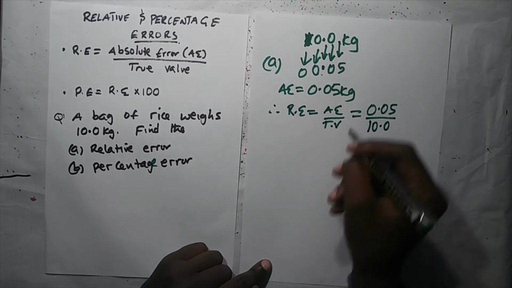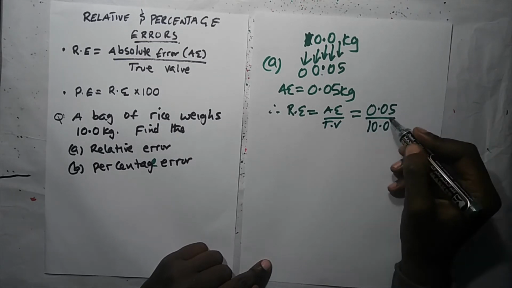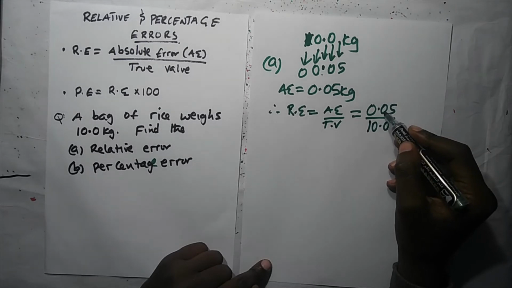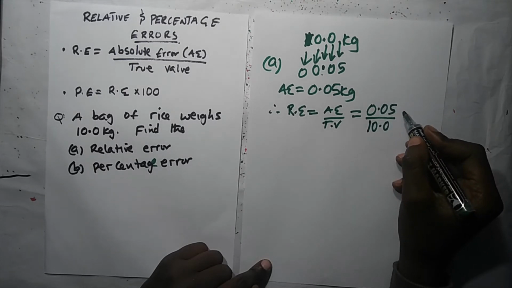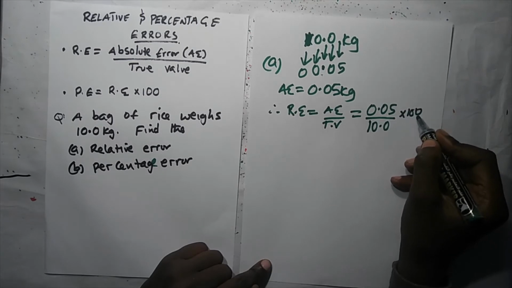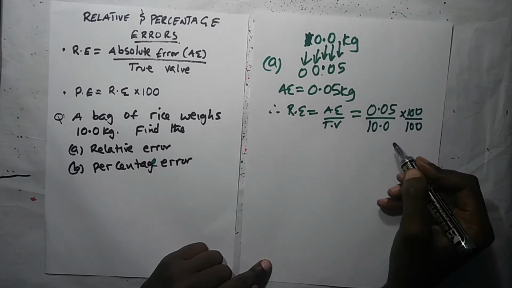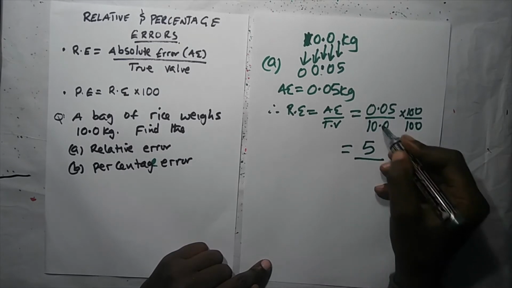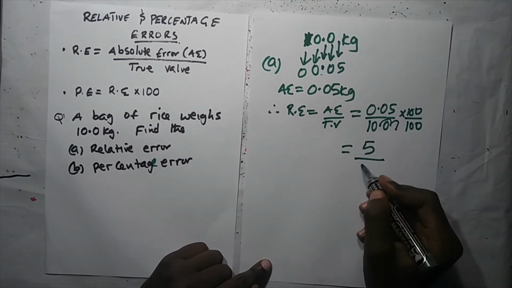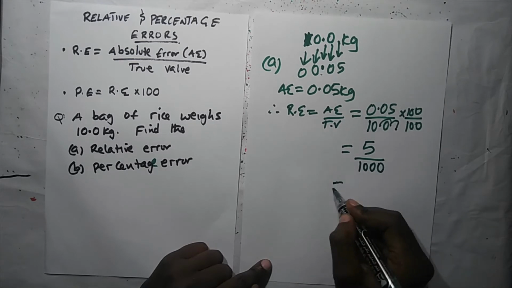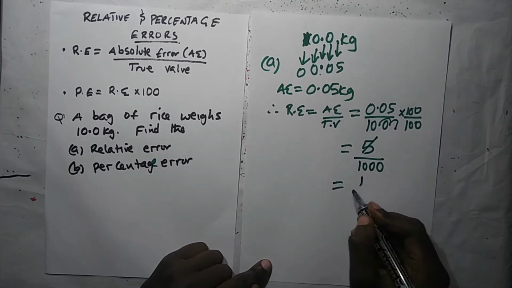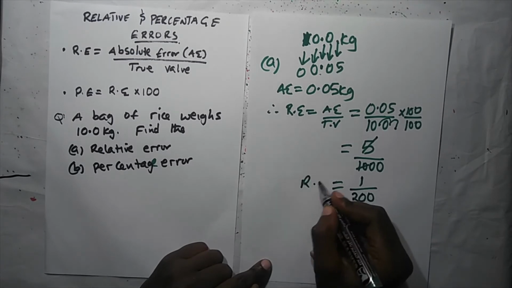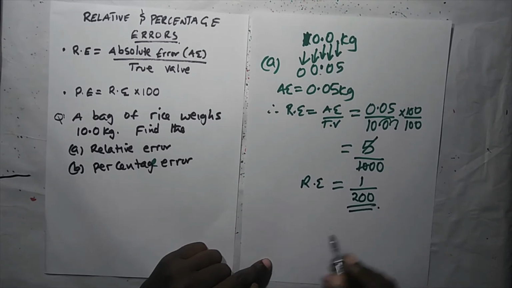When we simplify this, the number on top has 2 decimal places, so we can multiply by 100 on top and 100 down, so that the decimal point moves 2 steps. Then we have 5 over 1000, which gives us 1 over 200. So our relative error is 1 over 200.